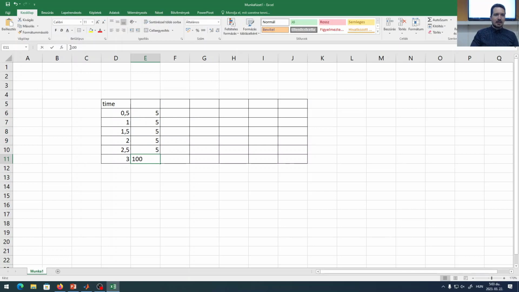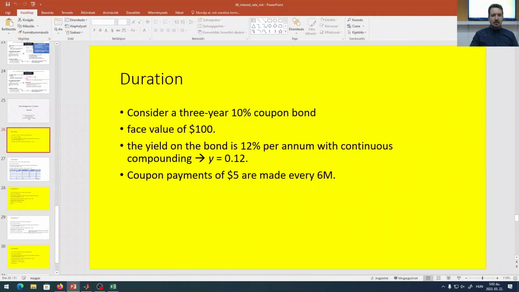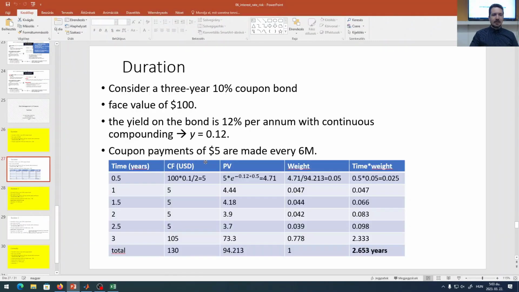And of course here we have this 100 plus 5, payments. So after that, what is the duration here?